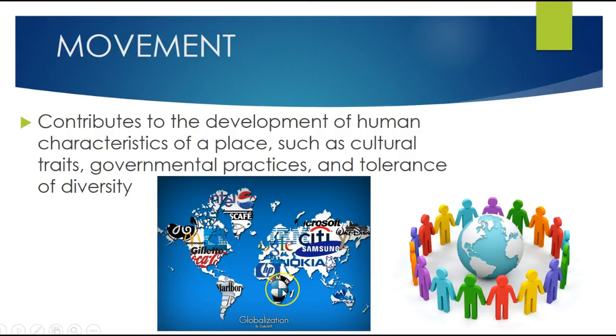Not all of these brands are made or manufactured in the United States, but there are countries all around the world that buy these products. And then this picture here represents tolerance of diversity. Have you ever heard that it takes all kinds to make the world go round? Tolerance of diversity is one of those ideas that is studied with movement in geography.